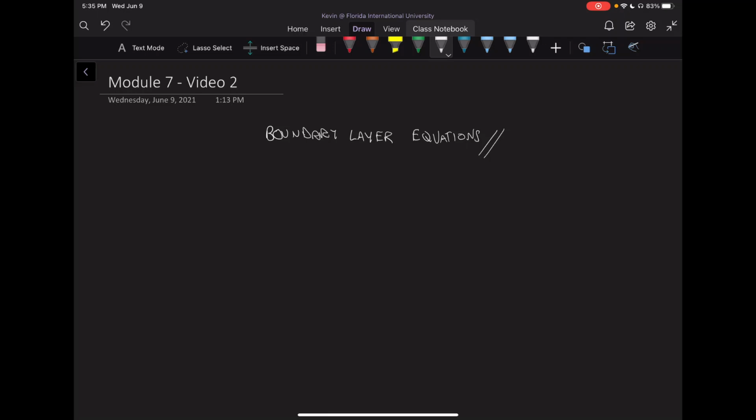Okay, so just for a little bit of background, in chapter 6, so in our previous module, module 6, for laminar flow, we had found an analytical solution for the flow. And this analytical solution was the Poiseuille flow.